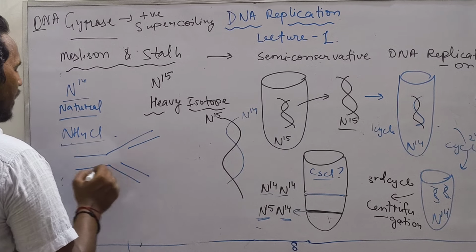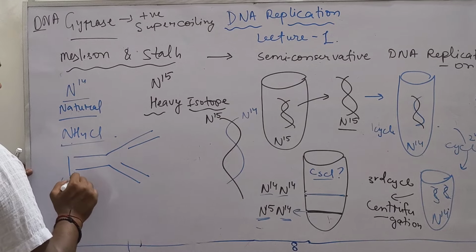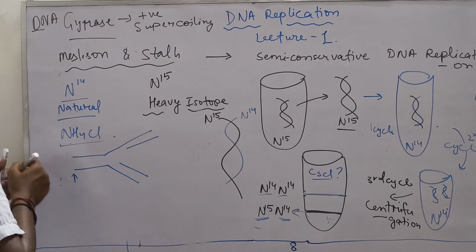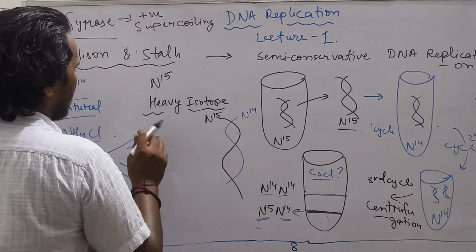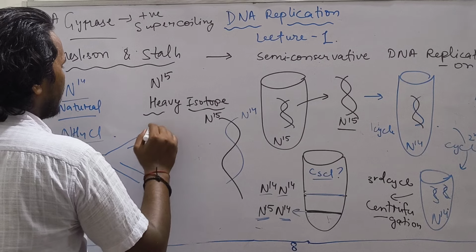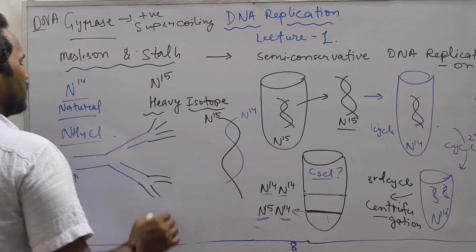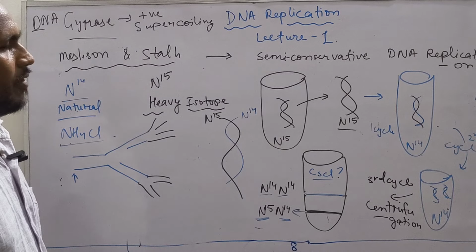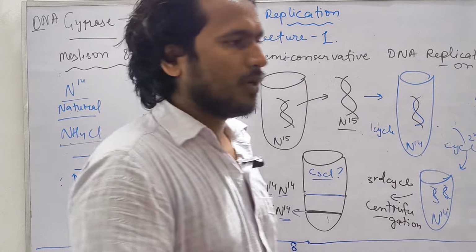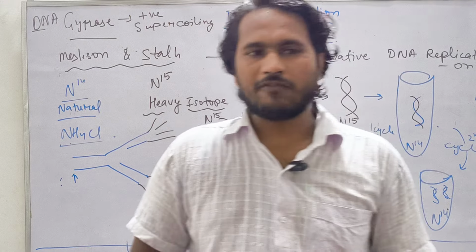Now until it reaches this point, the new DNA replication will be started here. Again, then new DNA replication will be started here. In this way it will be able to complete the DNA replication within the time frame.